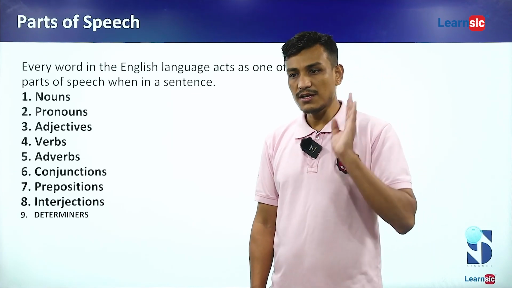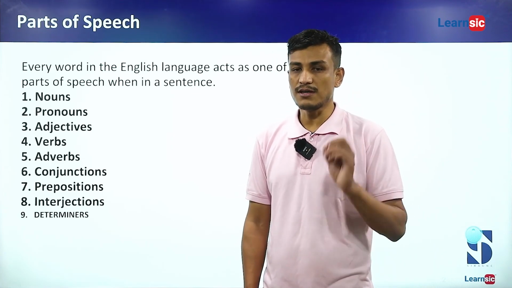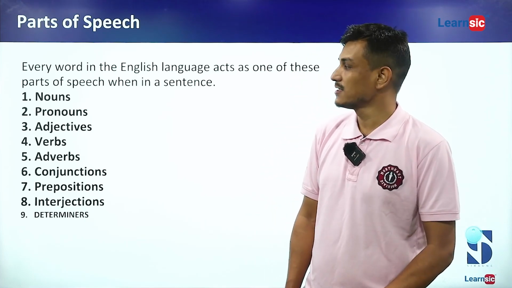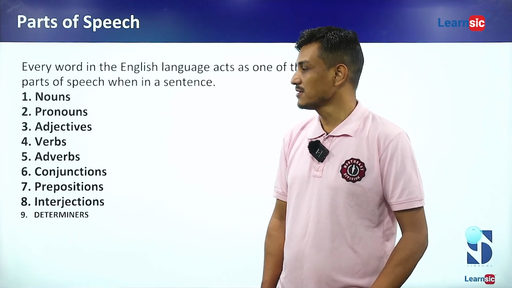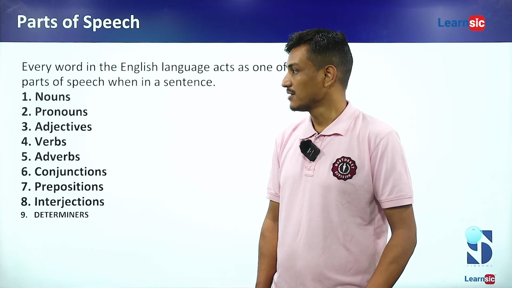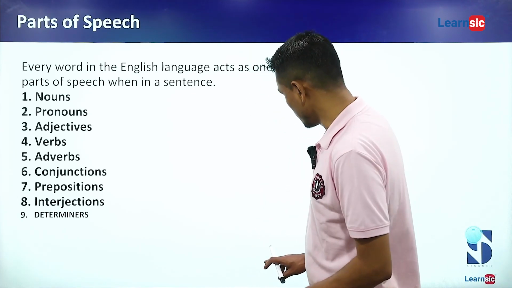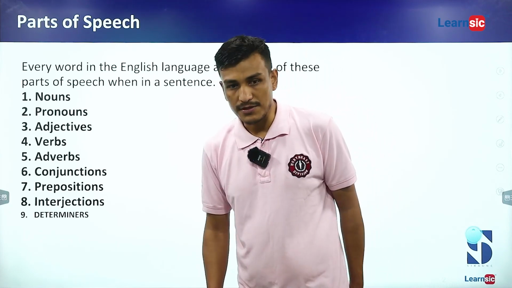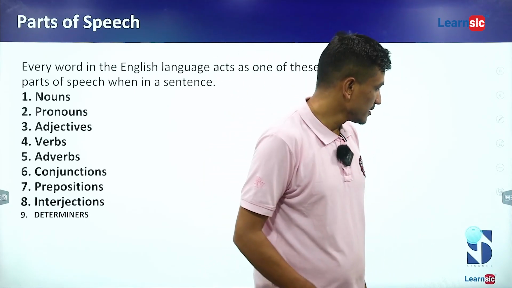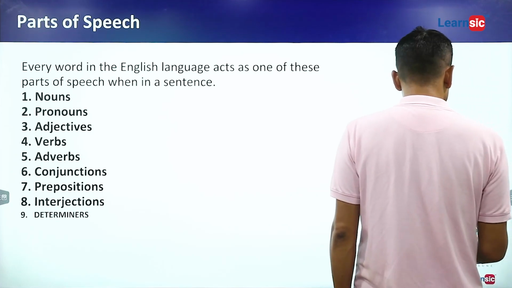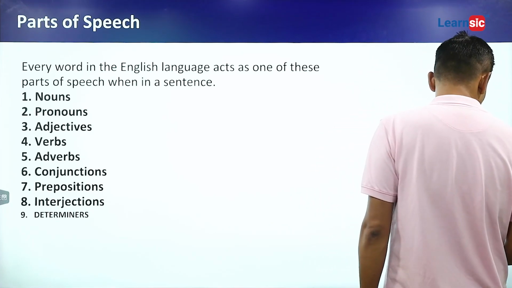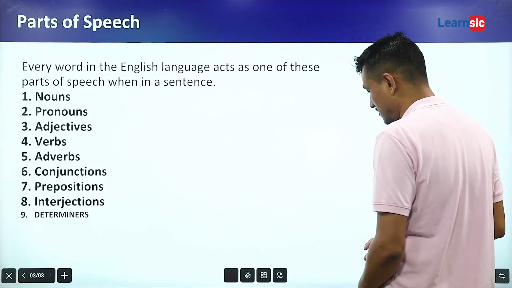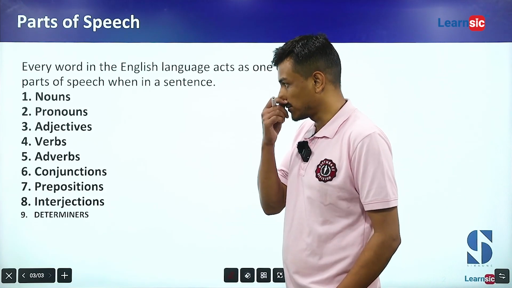The very compulsory, fundamental, basic part of any sentence is noun and verb. So I have made a grammar family, and let me make you understand it through the grammar family.